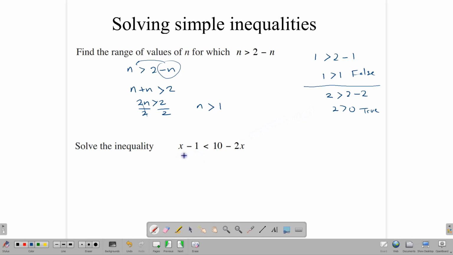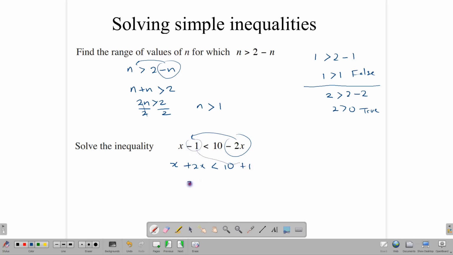Here we have an inequality with the unknown on both sides. We go through the same process where we reorganize the inequality by grouping like terms. So here we're going to have x, regroup this minus 2x on that side, gives us a plus 2x, is less than 10, keep that 10 there, and regroup this minus 1 on that side, so it becomes a plus 1.